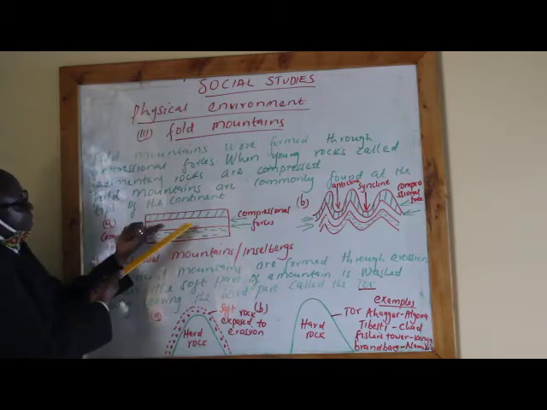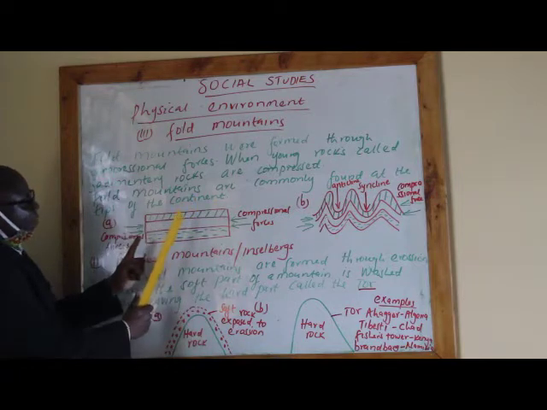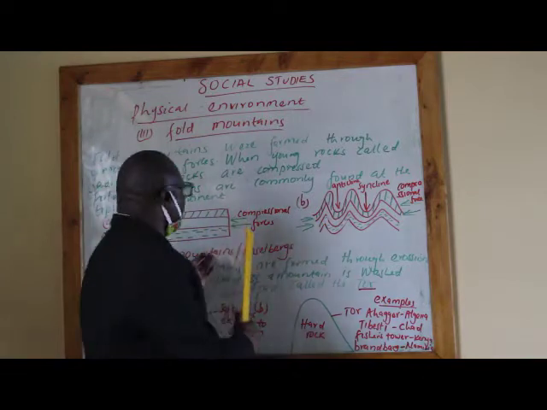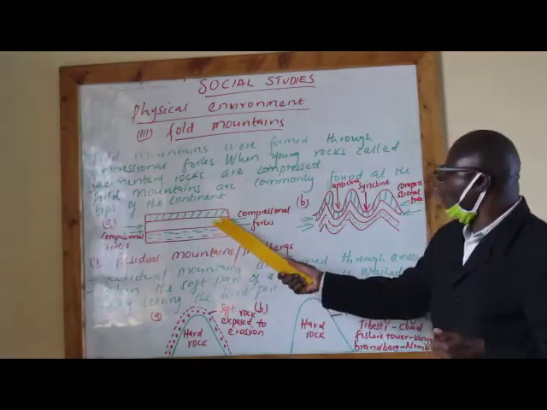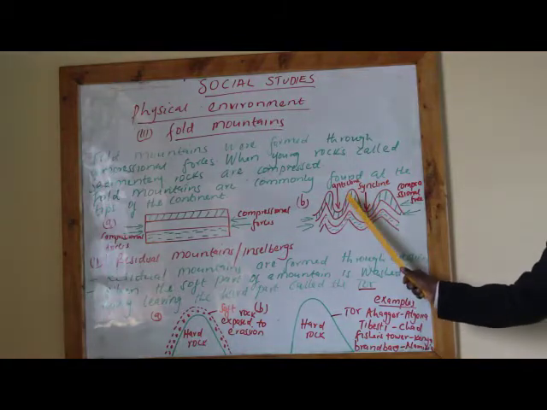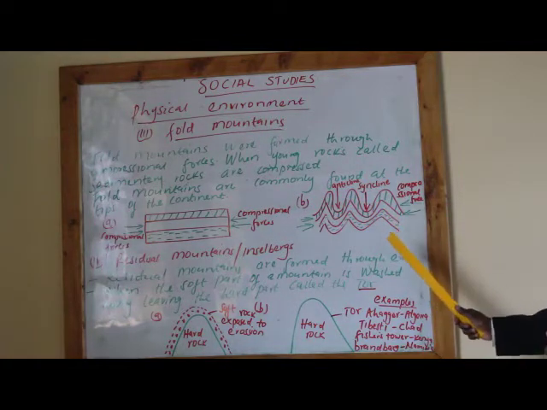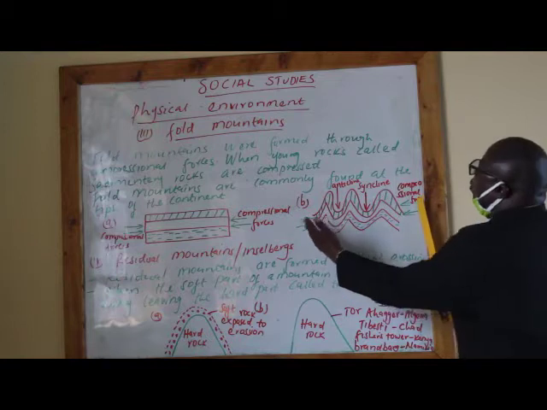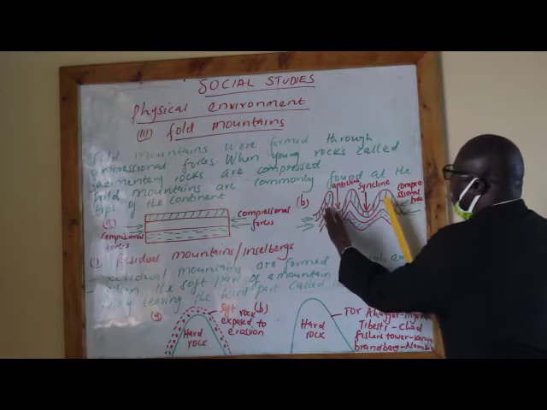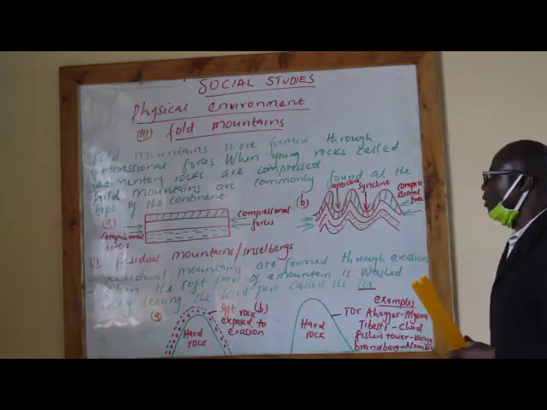So this sedimentary rock, when it is compressed, is going to fold. It will fold, and then this is what we shall have at the end of it. So compressional forces compress the sedimentary rocks, coming up with a fold mountain.